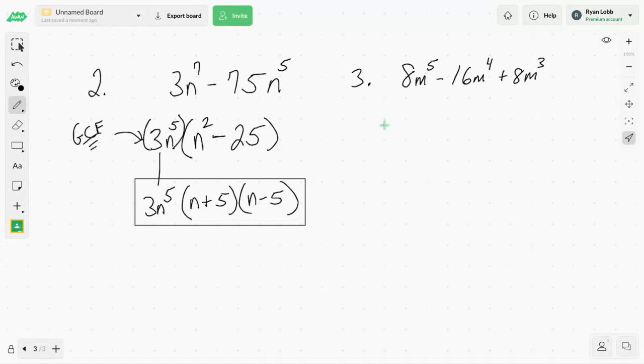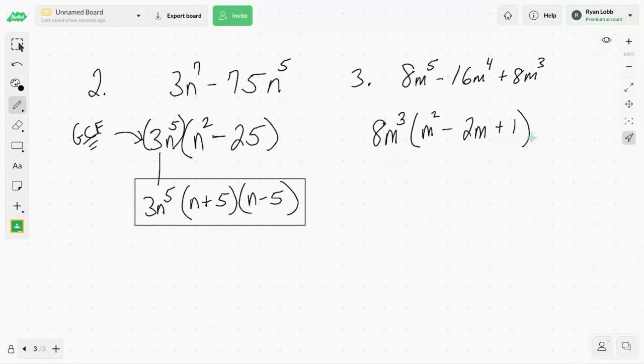A common monomial. 8, m to the 5th, m to the 4th, m to the 3rd. So we can take out an 8m cubed. What's left? m squared minus 2m plus 1. And we know 8m cubed is done.